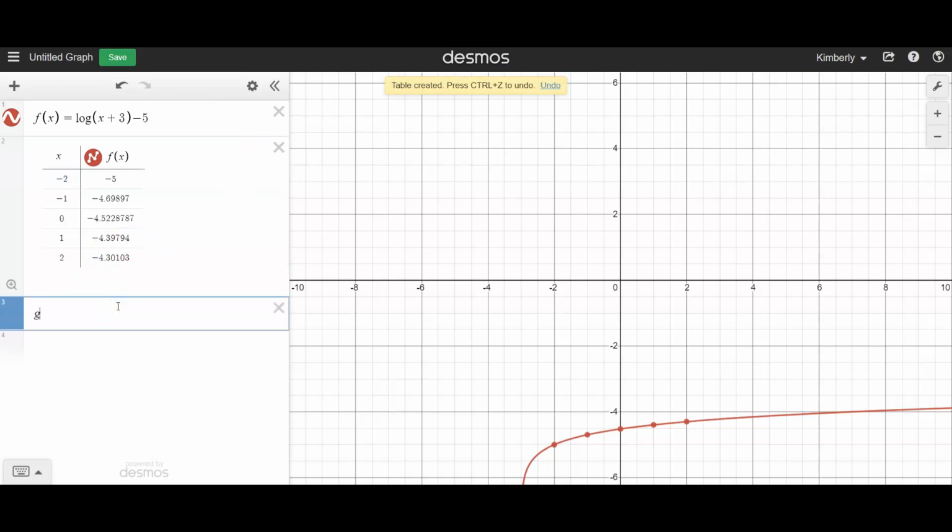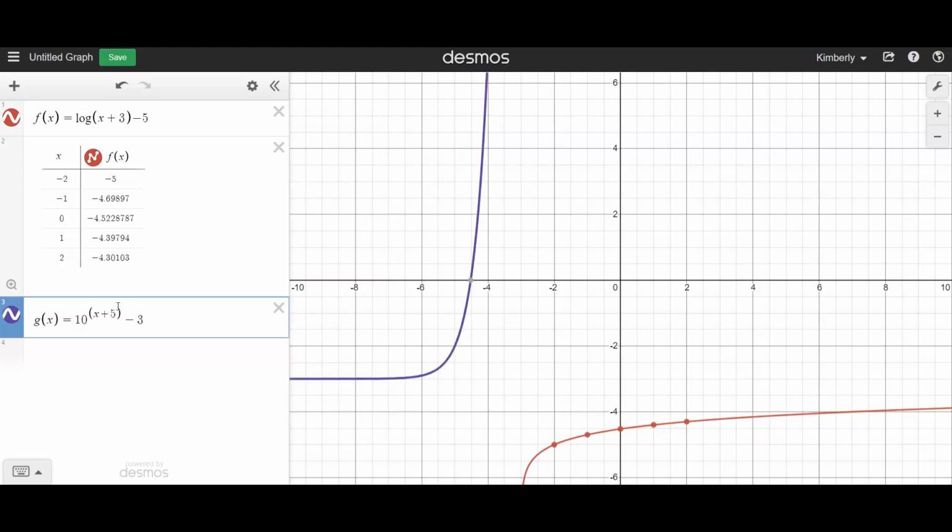And then we said the inverse, I'm going to call that g of x, so we can get a table of values for that. Function g of x is 10 raised to the, now when you raise it to the power, and it's not just x, you have to put the power in parentheses. So that was x plus 5. And then at the end, plus 3. I'm sorry, minus 3. We would have found out real quick it wasn't the inverse.